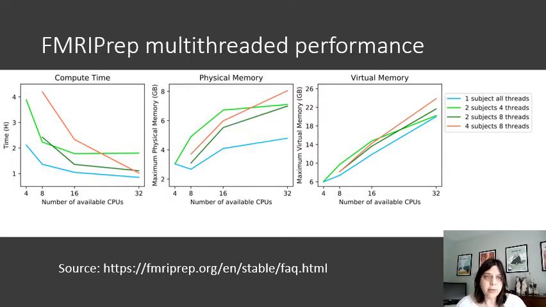At 8 CPUs, you get a bigger reduction. It's less so at 16. And you can take this together with, they've looked at multiple subjects and seeing how combinations of multiple subjects and threads performs as well to find that sweet spot of how many subjects you run on how many threads to get the best kind of performance.